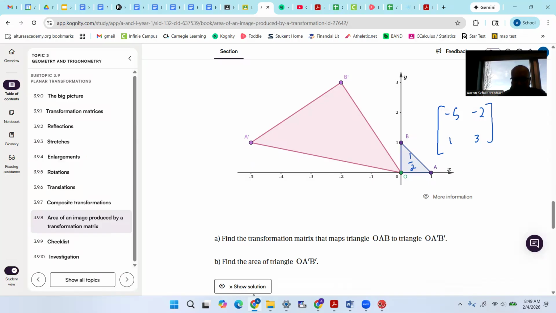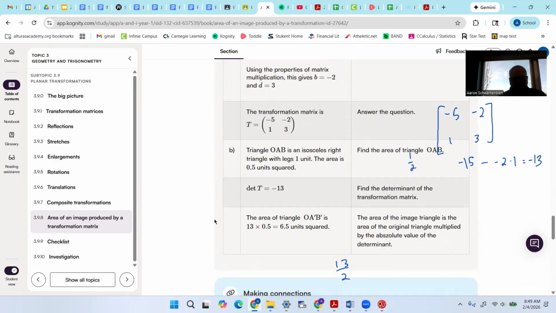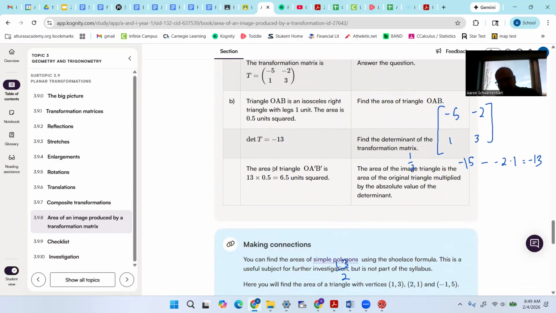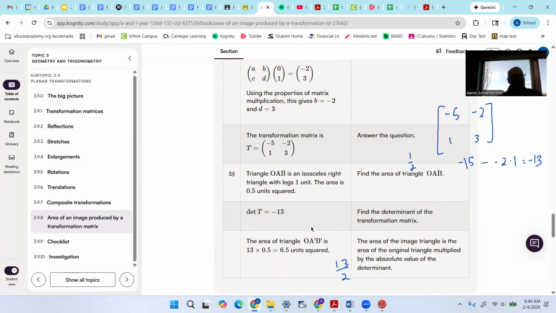So if I want the area, -15 AD minus -2 times 1, that's -13. 13 times 1/2 is 13 over 2, or 6.5. And that is correct.